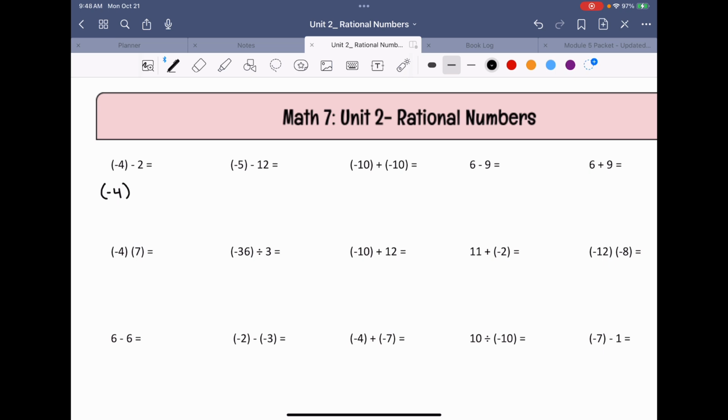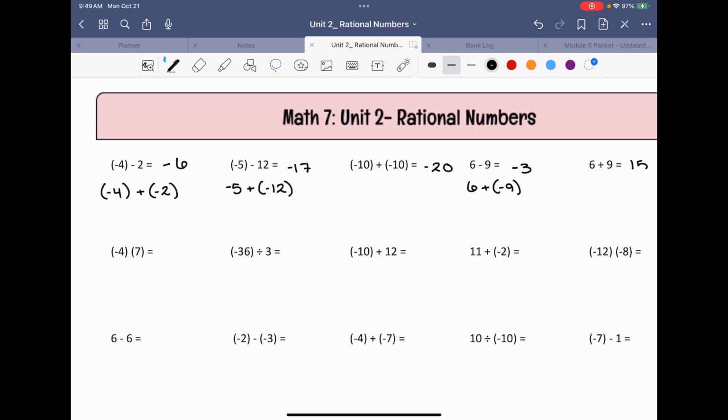So I'm going to show leave, change, change. So leave, change, change, -6. Leave, change, change, -17, -20, leave, change, change.